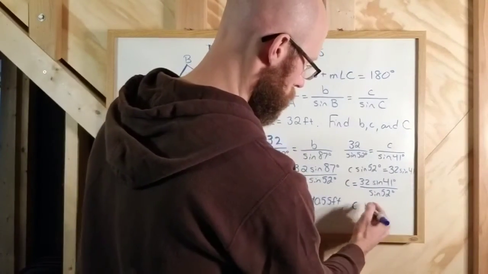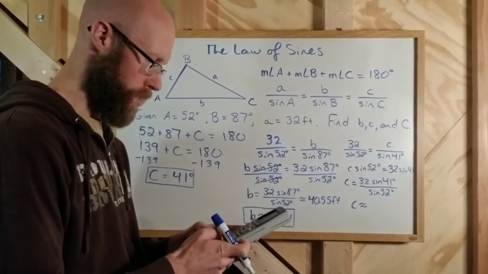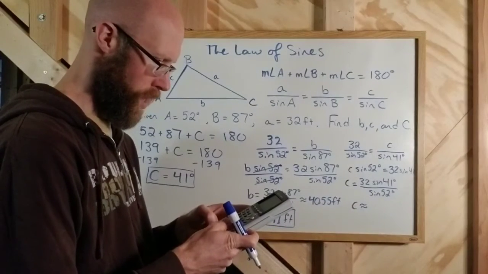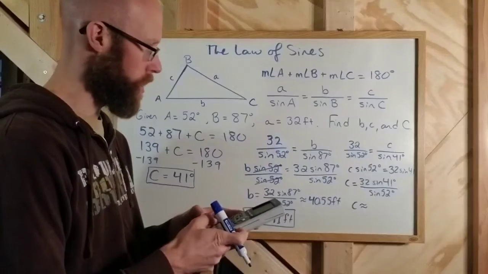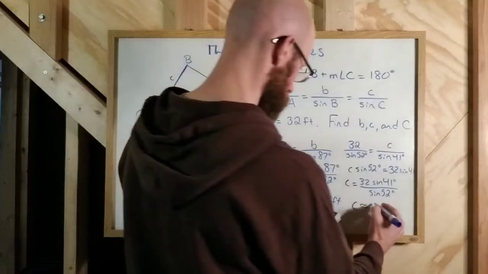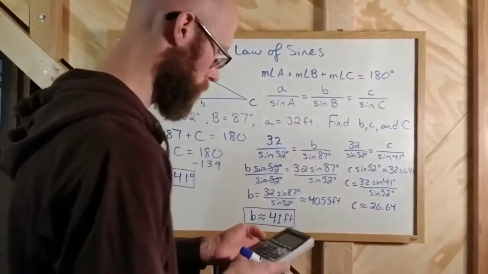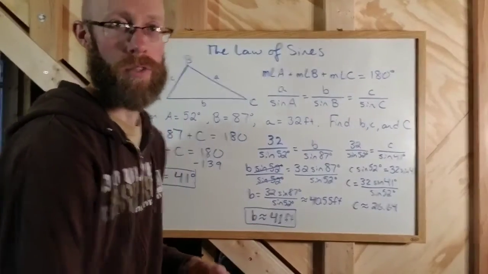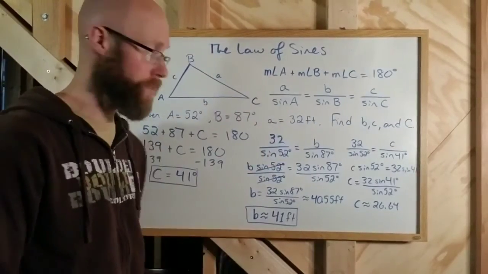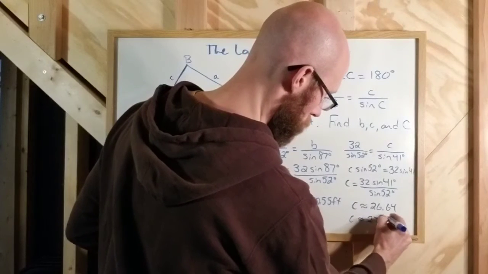And so we're going to go ahead and punch that into the calculator also. 32 sine 41 divided by the sine of 52. And that should give us approximately 26.64, but again, we're going to round that to the nearest whole number because that's what we started with. We're all whole number values, and so we're going to say that's approximately 27 feet.